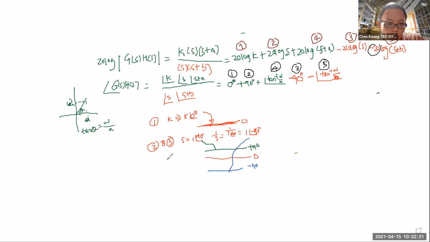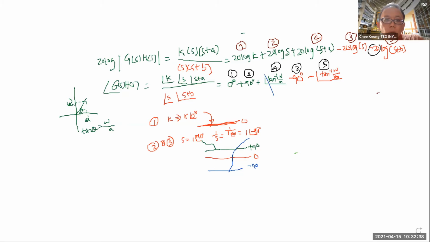Very straightforward. Now, form 4 and form 5 are slightly more complicated. Unlike the magnitude plot, where you just have a point and you slope up, now you look at the A itself and the B itself, right? Say we talk about form 4 right now.